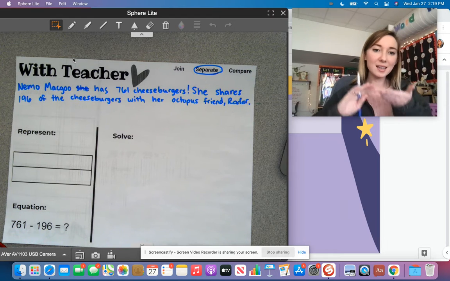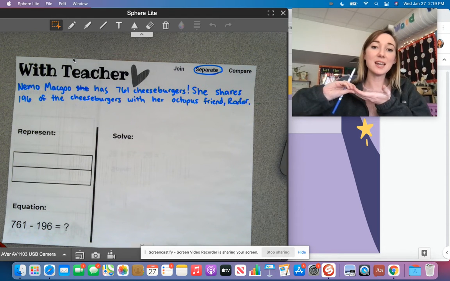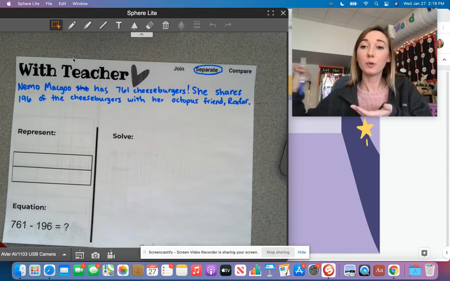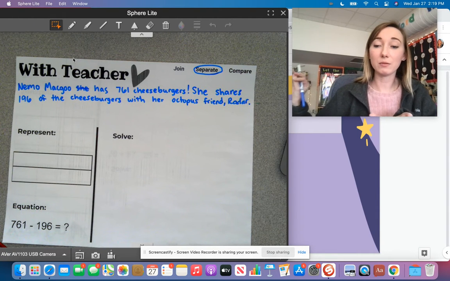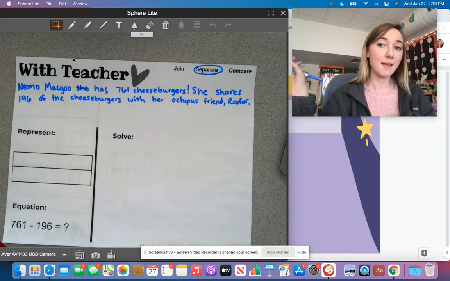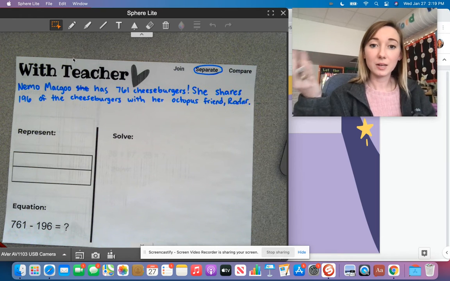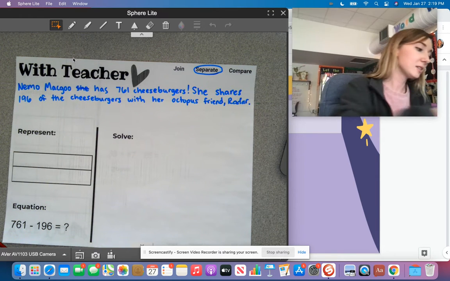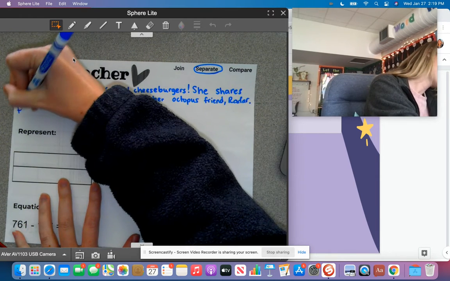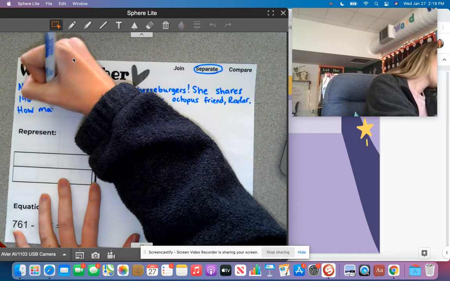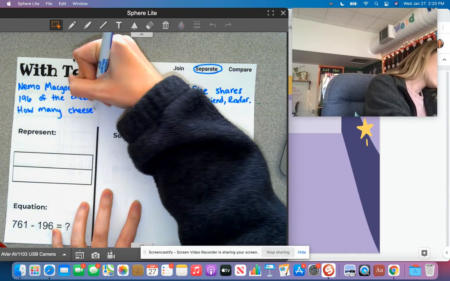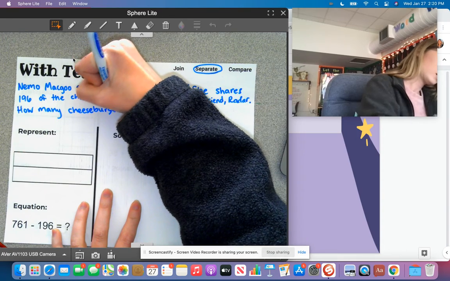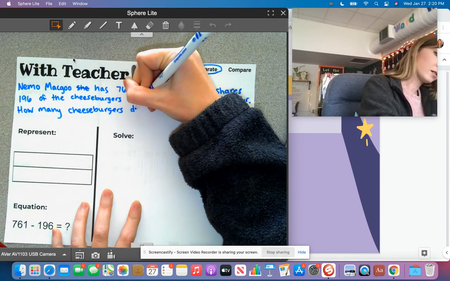What am I going to be solving for in this problem? So she has 761 and she takes some and shares them, separates them by giving them to her friend Radar, who's an octopus. Then what is my question? How many cheeseburgers does Radar have?